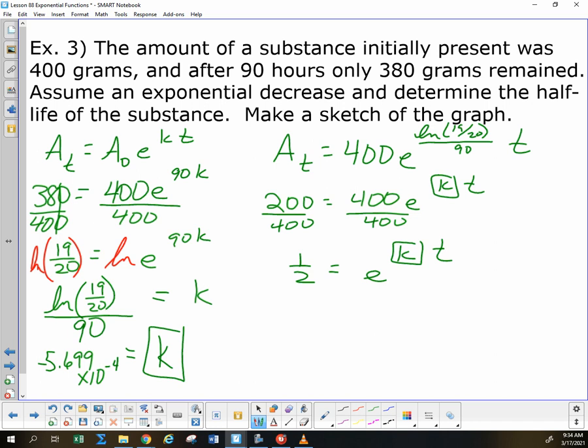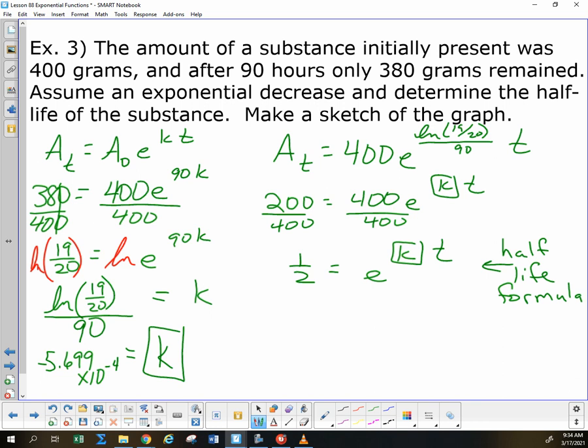Now, if I had started off with 3,264,911.43871, do you really want to take time to take half of that? You could, or this is your half-life formula. You don't need to memorize it, just that the amount is now a half of what you started out with.